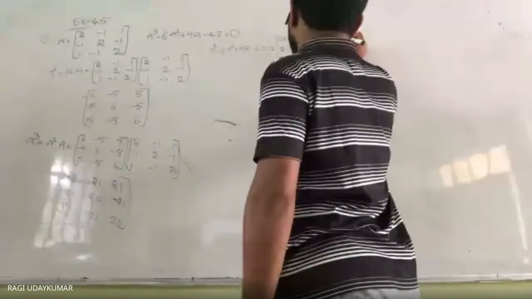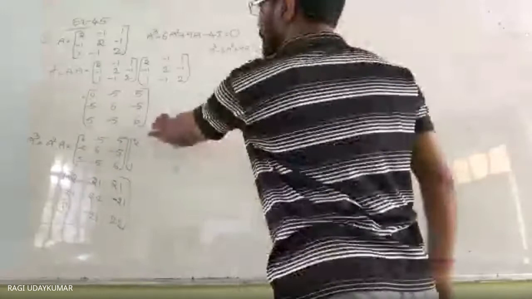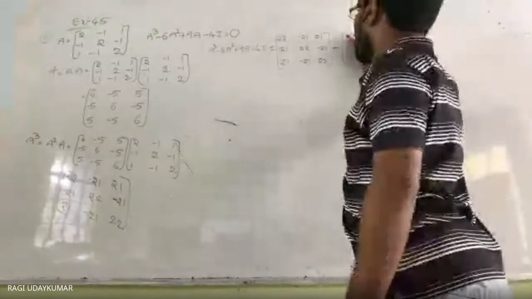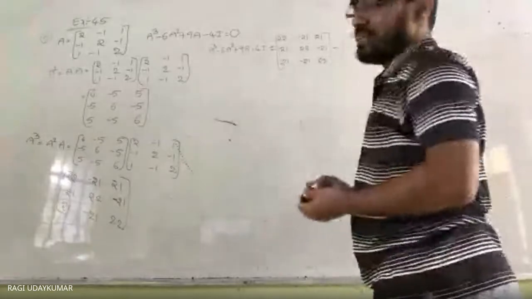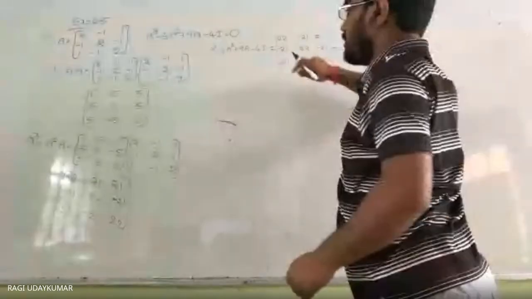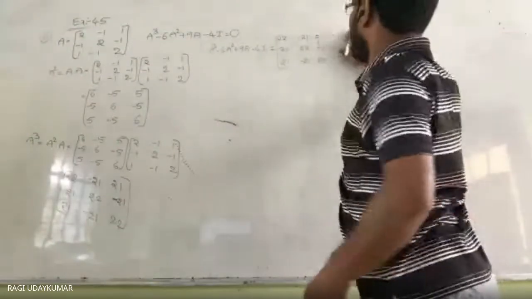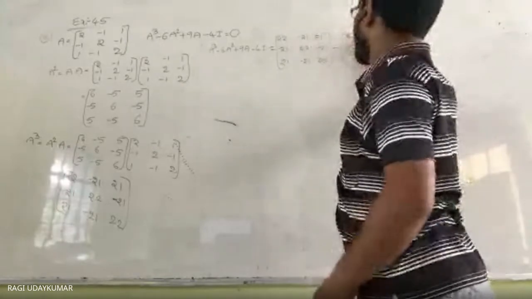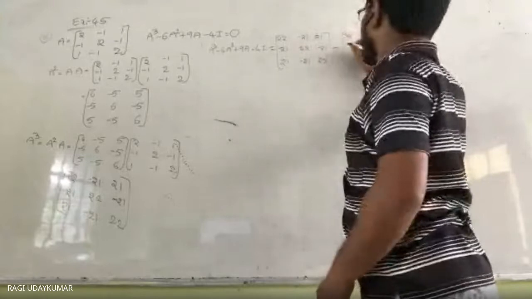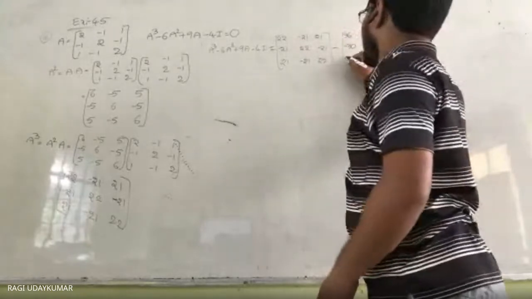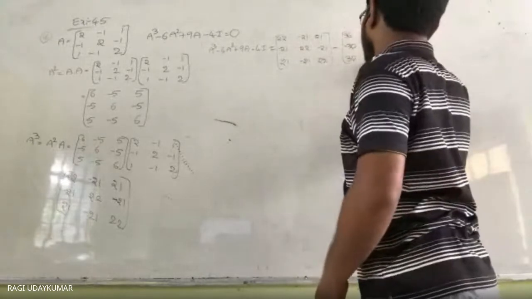Minus 6A square: every number should be multiplied by 6. So 6 fives are 30. Sorry, 6 sixes are 36. 6 fives are 30, minus 30, plus 30, minus 30, 36, minus 30, 30, minus 30, plus 36.